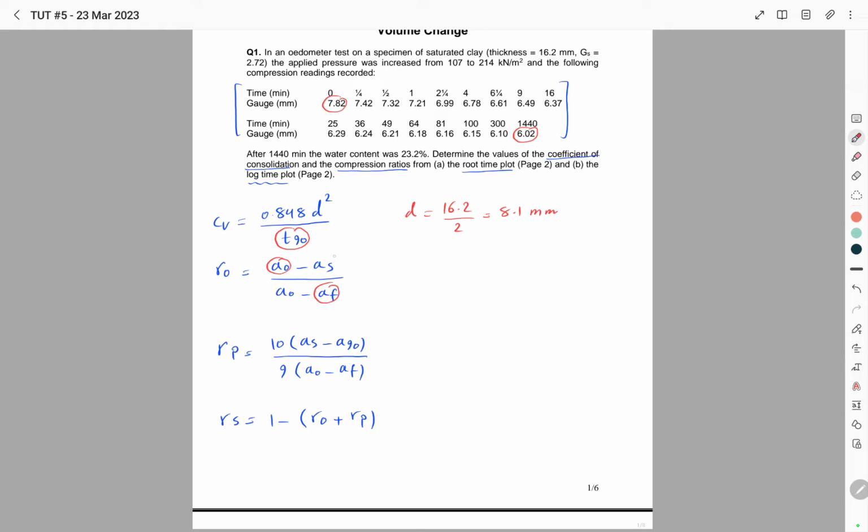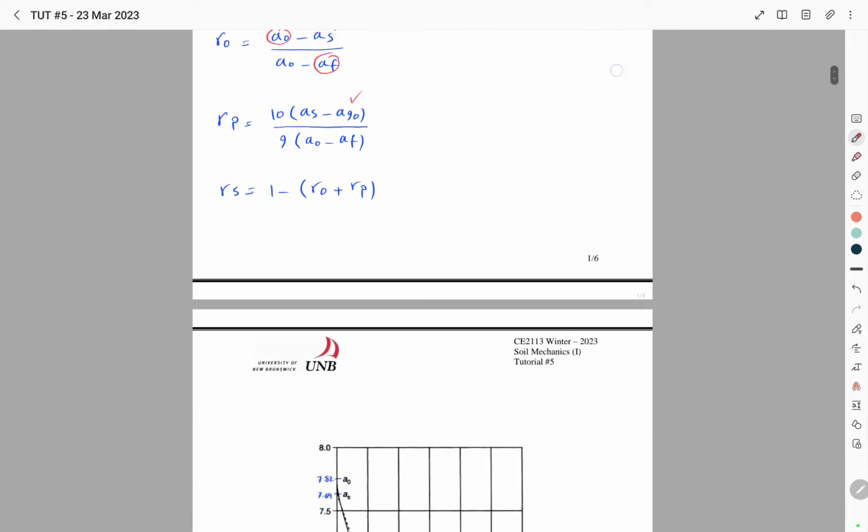But we have to determine AS and A90 using the root time plot. So I'm going to go through the plot and explain how to determine these values.